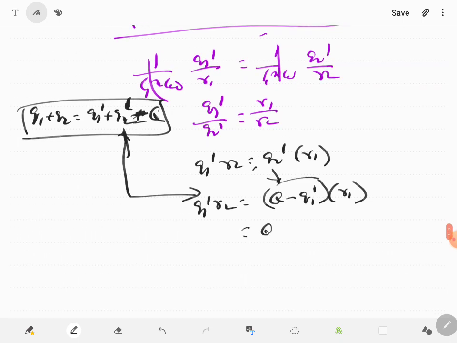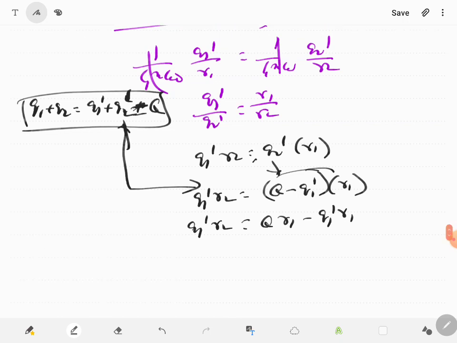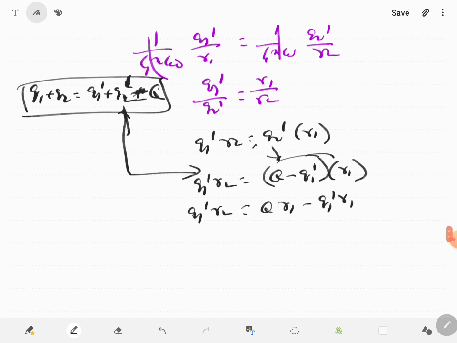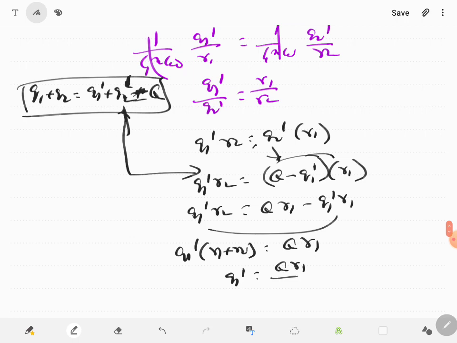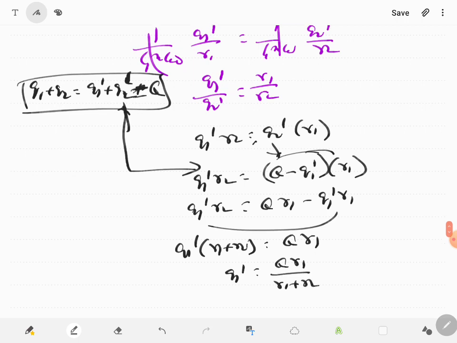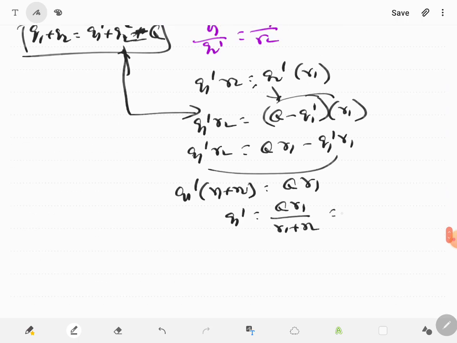You get Q r1 minus q1 dash into r1 is q1 dash into r2. Consolidating the q1 dash, you get q1 dash times (r1 plus r2) is equal to Q r1. So q1 dash therefore is Q r1 by r1 plus r2. Q itself is q1 plus q2. You can also substitute Q, it's q1 plus q2, which is the initial charge, into r1 by r1 plus r2.